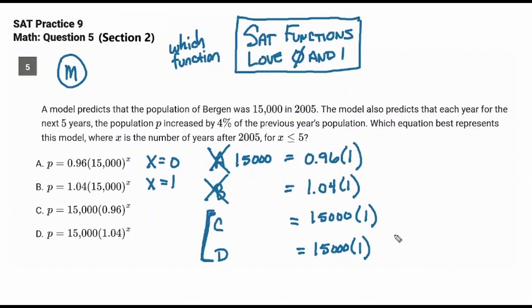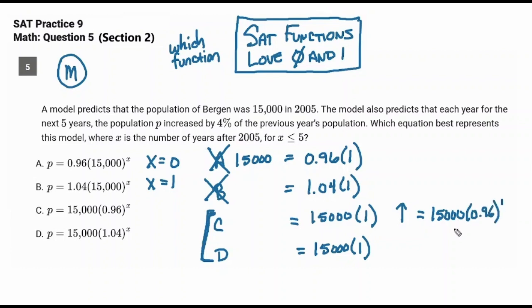This time I'm going to ballpark. I don't know what the population is, but if I increase it by 4% after 1 year in 2006, it's going to go up, right? So if it's going to go up, I got an increase of population equals 15,000 times 0.96 to the 1.